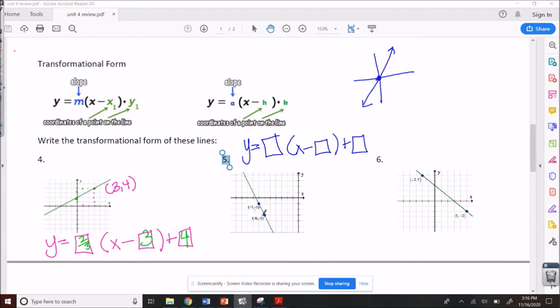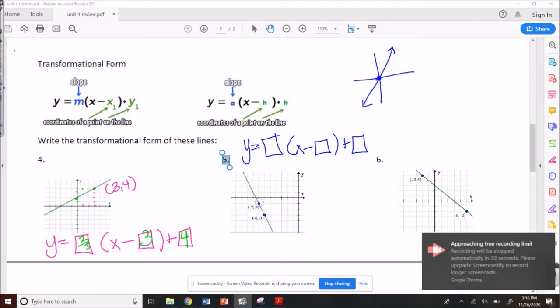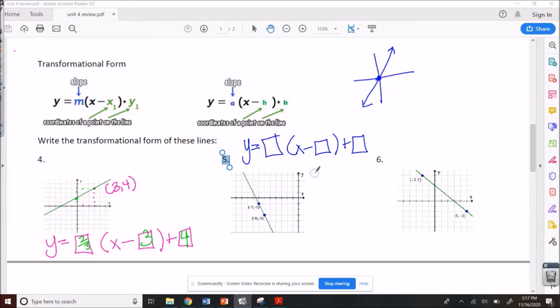Now remember, I can use either one of these points. Doesn't matter. So I'm just going to use the 7 and the 1 just for fun. Okay, so if the x value is -7, I'm going to make that a -7 in there. The y value is a -1. And then my slope is down 2 to the right 1. So cleaning that up, y equals -2, x plus 7 minus 1.